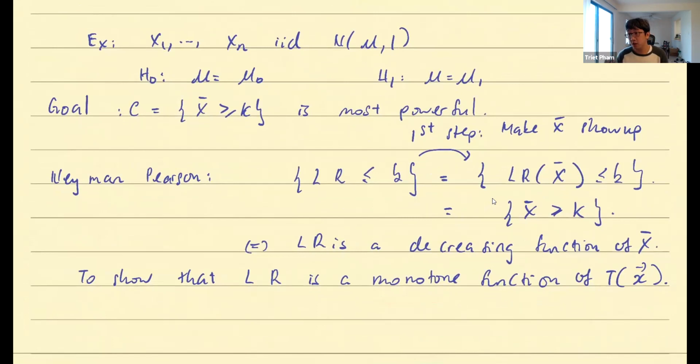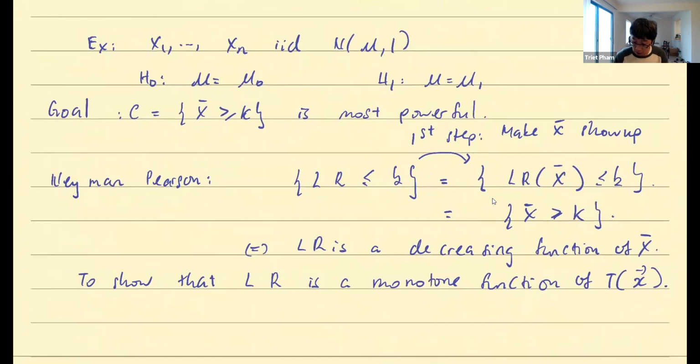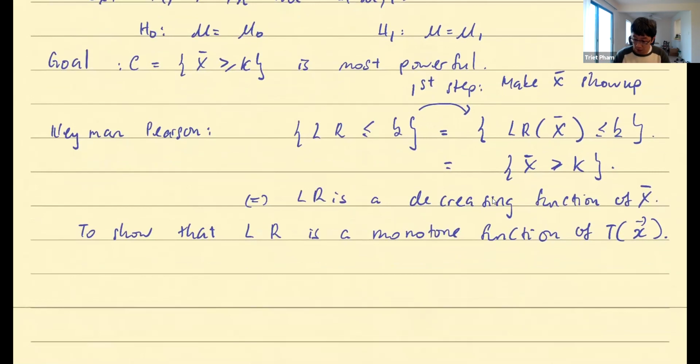Because whether it's decreasing or increasing depends on how the hypothesis gets set up. If you swap, it will be decreasing. You swap the other way, it will be increasing. Any question on this? This is the big picture that you want to keep in mind when you do Neyman-Pearson.